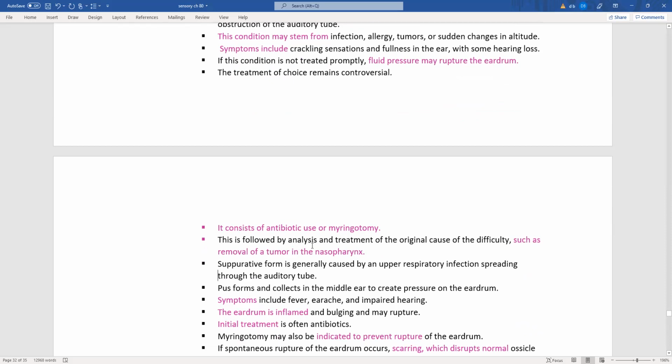This is followed by analysis and treatment of the original cause of the difficulty, such as removal of a tumor in the nasopharynx. Let me slow down. We're still talking about serous otitis media. Like I said, it consists of antibiotic use or myringotomy, followed by analysis and treatment of the original cause, such as removal of a tumor in the nasopharynx.